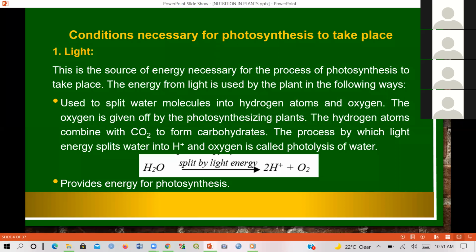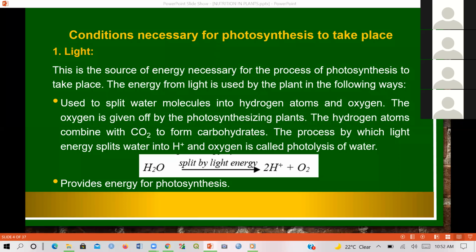There are two conditions that must be fulfilled, and these conditions are light and temperature. They are very important in driving the process of photosynthesis, and we have to take note of their importance.